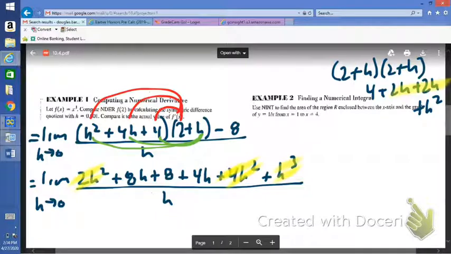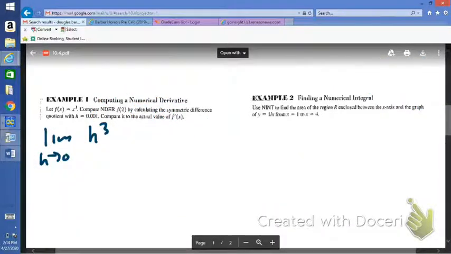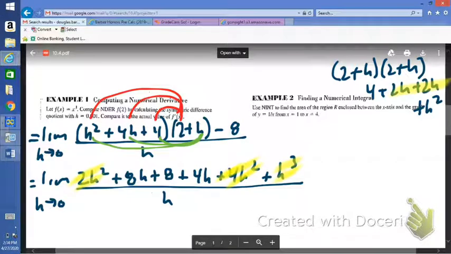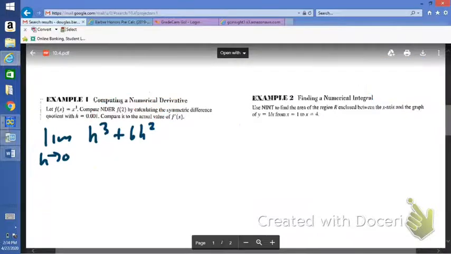That's going to give us 6h squared. And then we have a 4h and an 8h. That's going to be 12h.